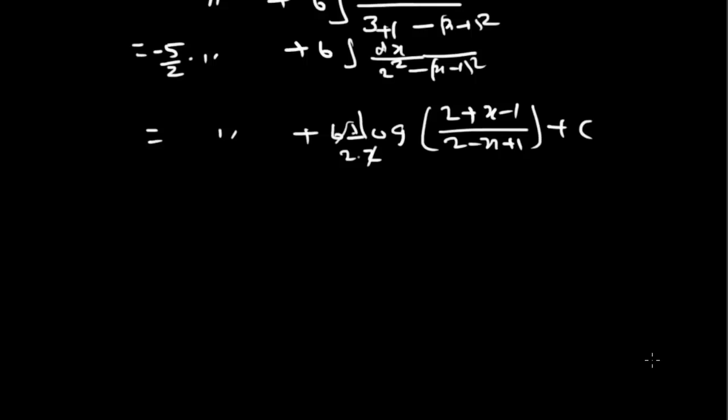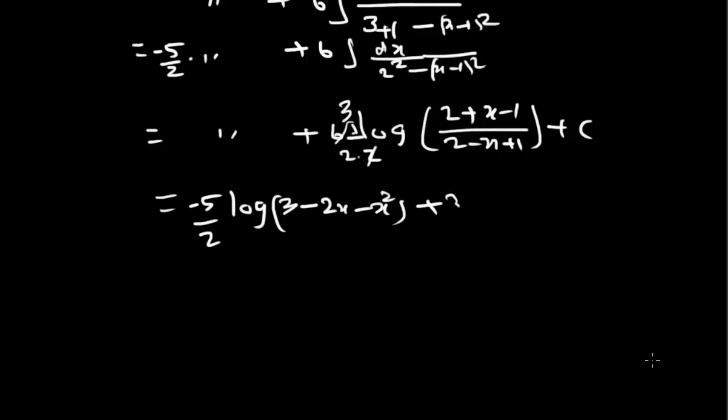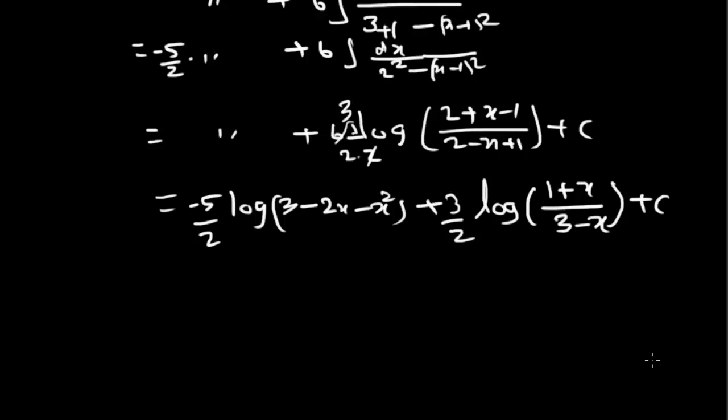Here 1 by 2 cancels with this one, 3 here. So now write minus 5 by 2 into log of 3 minus 2x minus x squared plus 3 by 2 log of 1 plus x by 3 minus x, and then plus c.